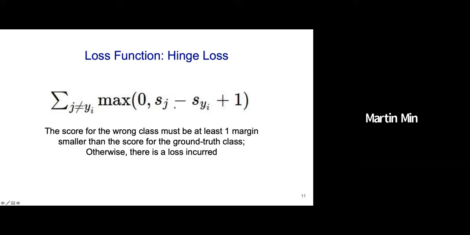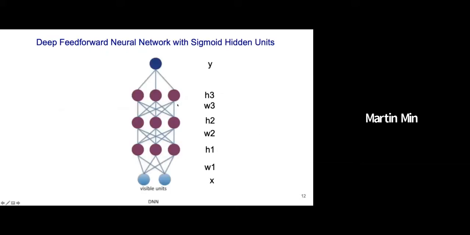It means you assign a smaller value to S_j for the other classes compared to the score assigned to the ground truth class. That's really what we want. We want to make sure the difference between the scores assigned to the other classes and the ground truth class is at least 1. Then your neural network will be happy because there will be no loss. This is how you can understand it easily.